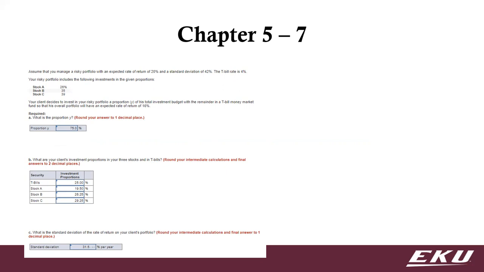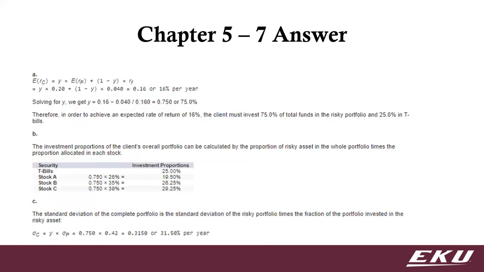This one is again very similar. Here's the way we work through that. Just remember, whenever you see the T-bills, we're using that as our risk-free rate. So for that portion we don't have the risk, but we still have the risk with the rest of the portfolio.